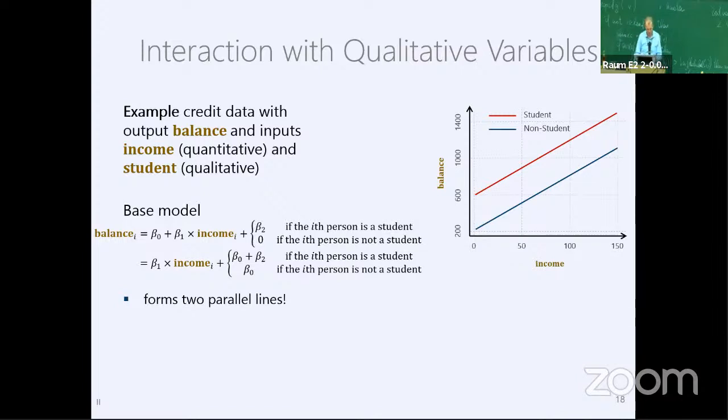So how does it come about, and why should we be careful here? This is the standard encoding of student yes versus student no, right? So we have beta naught, that's the offset, plus beta 1 times income, plus some beta 2, which is if you're a student or not. So that's an offset.